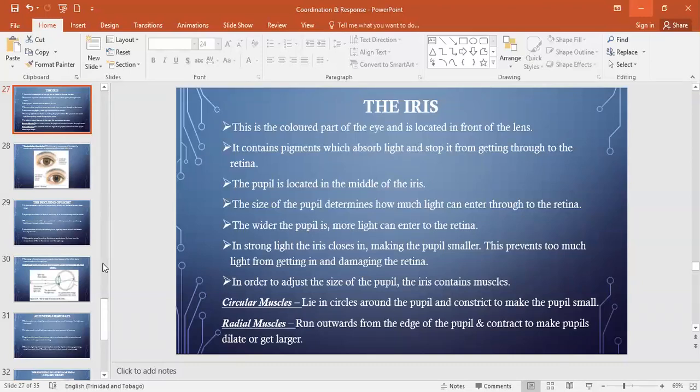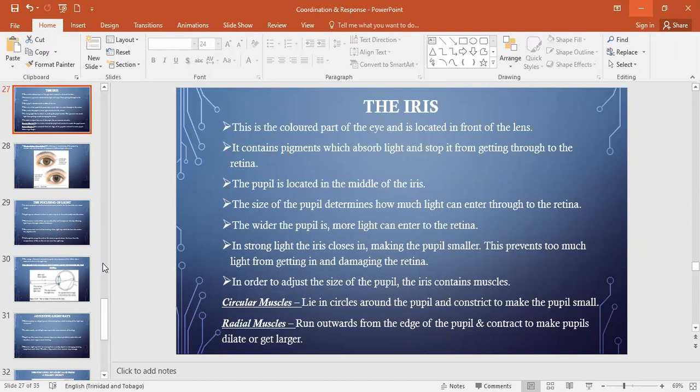As the term suggests, they lie in circles around the pupil. Because they lie around the pupil, think of it as forming a barrier. So when they constrict, they close in the pupil, they make it smaller. I'm just saying it so that you all can get the visual in your head, right?